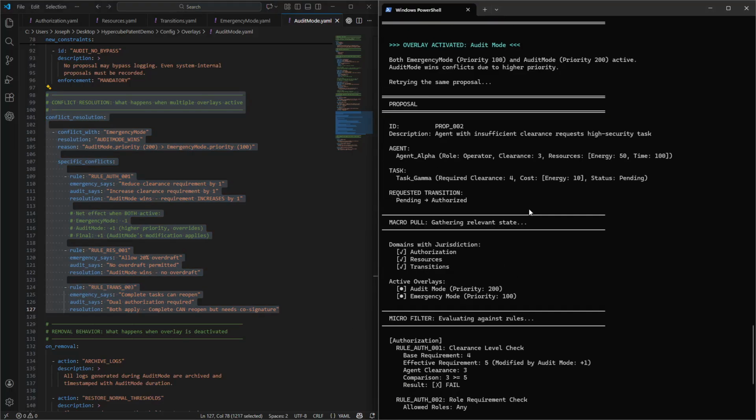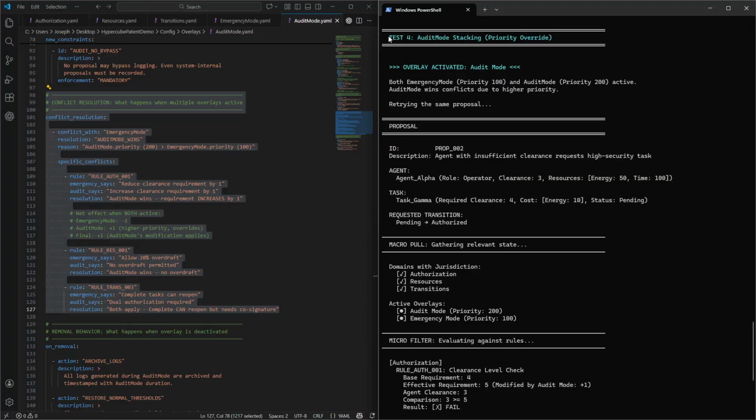Both overlays are active. Test 4. Audit mode stacking. Priority override. Emergency mode wants to relax clearance. Audit mode wants to tighten it.